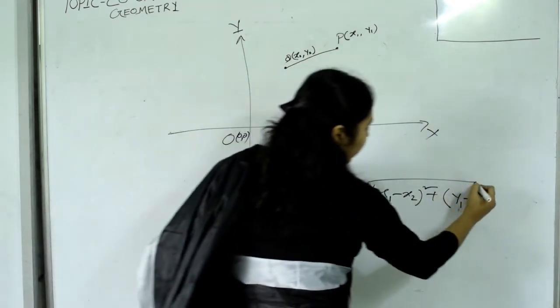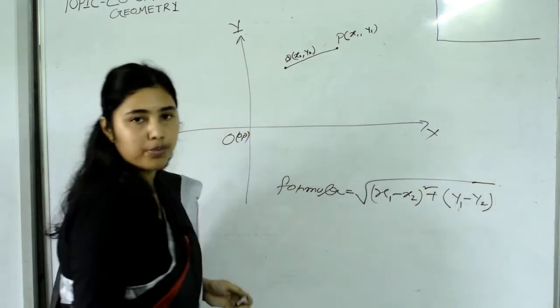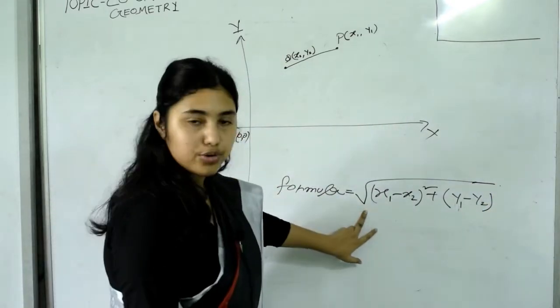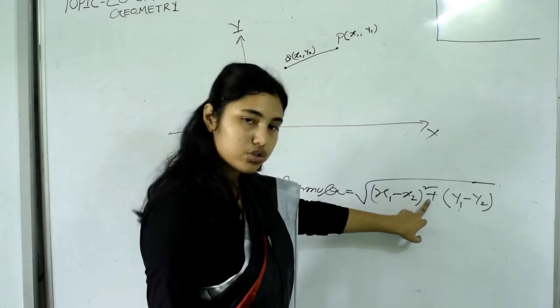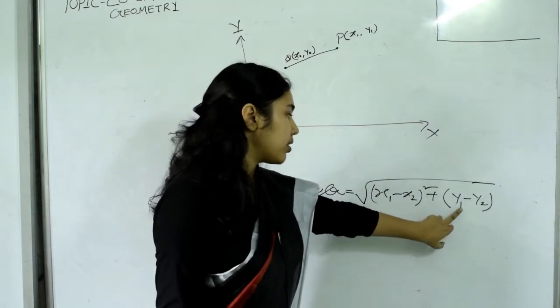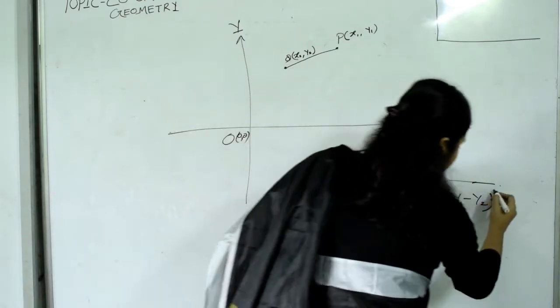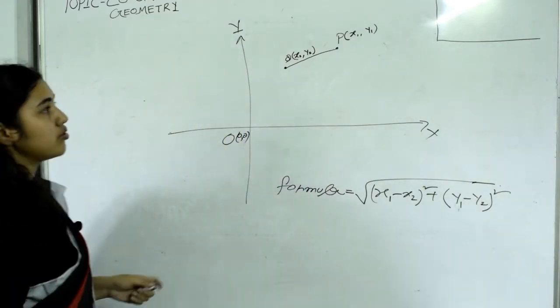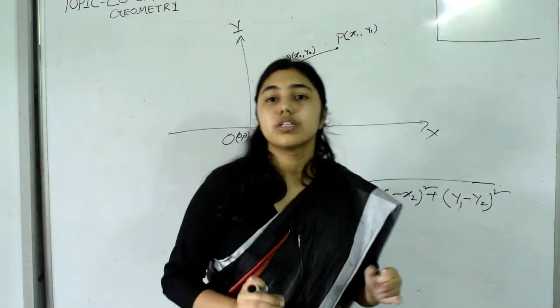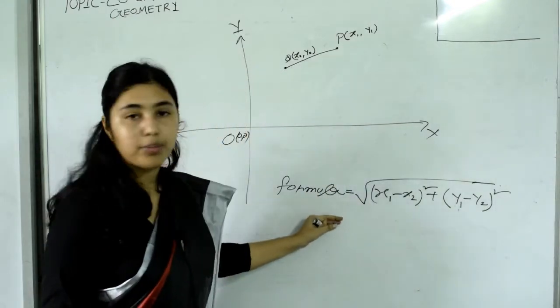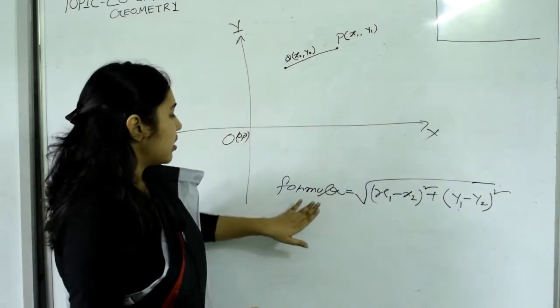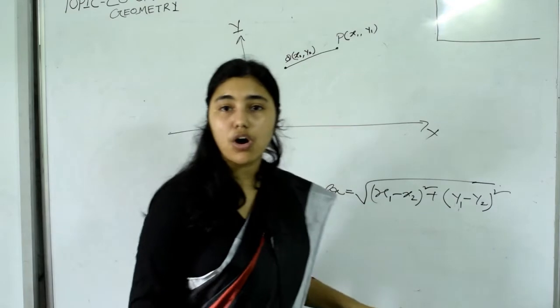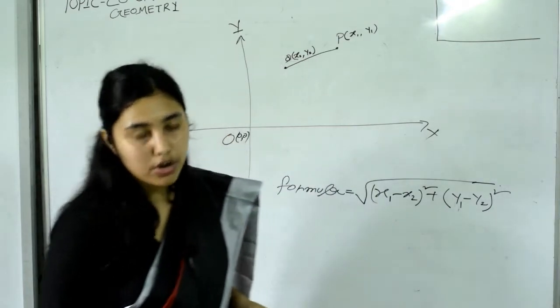So this is our distance formula: under root, x1 minus x2 square plus y1 minus y2 square. Now you have to know the proof of this formula, because this is the base of coordinate geometry.